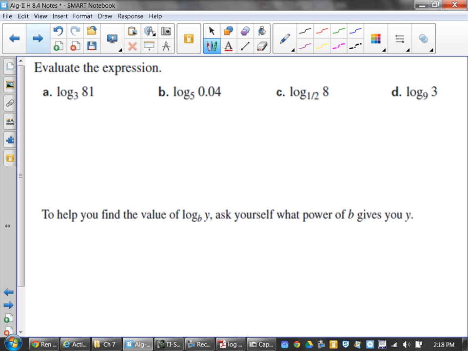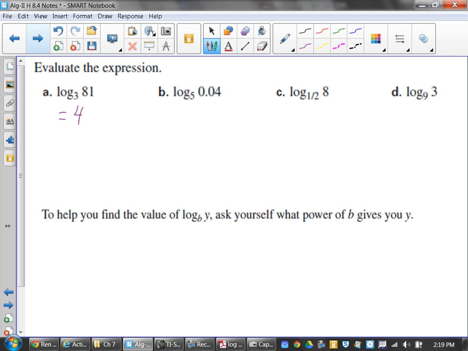So what's 3 squared? 9. What's 9 times 9? 81. Wasn't a trick question. So this has to equal 4, because you're asking yourself, 3 to what power gets you 81?